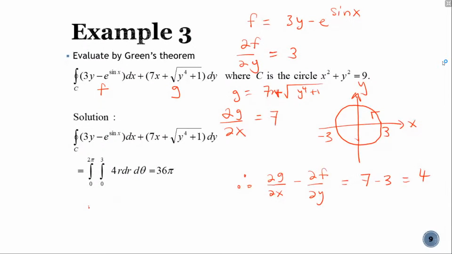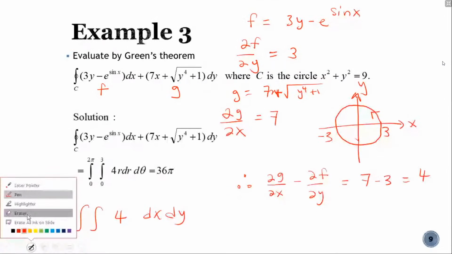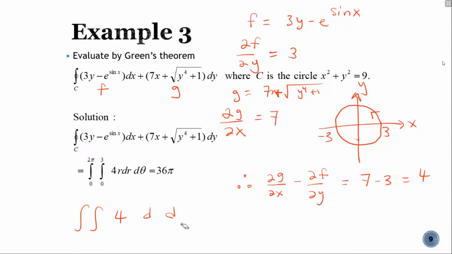So you put 4 dx dy, but this is a circle. If you want to put it in x and y form, here I use y instead of x, because we're familiar with dy dx.